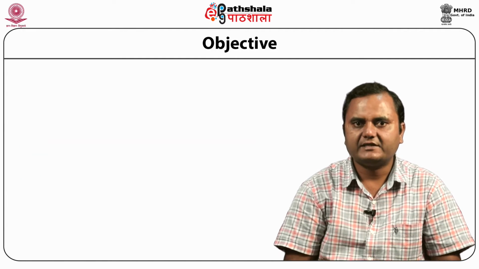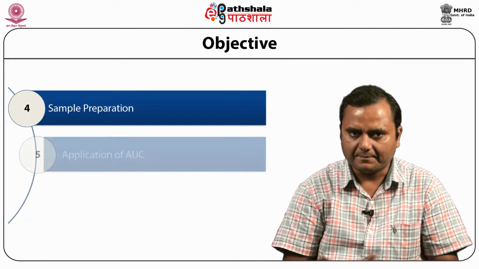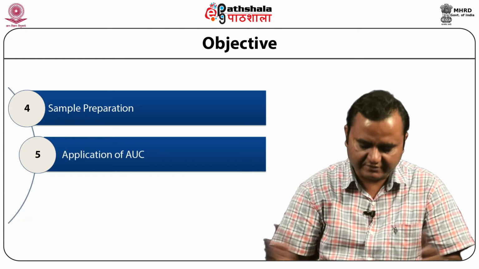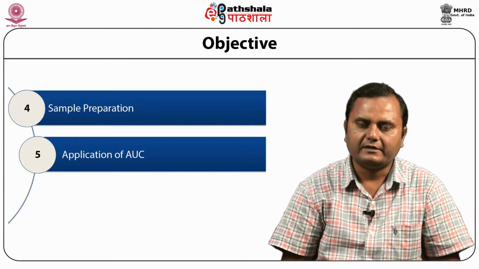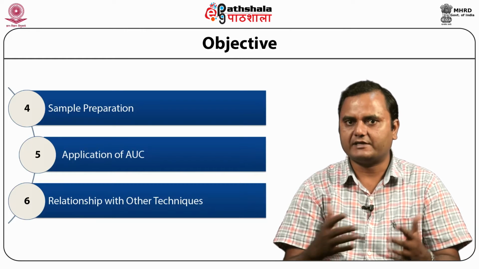Then another important thing is how the samples are prepared and its application, that it's used for different biological purposes, and of course its relationship with many other techniques, so how it is related to the other techniques.